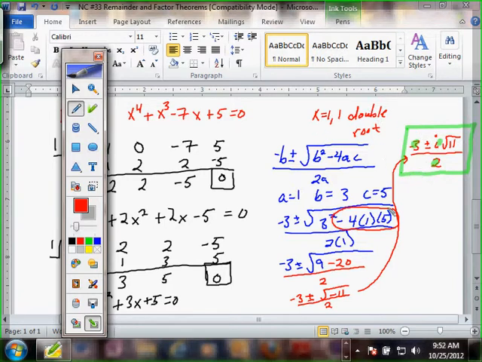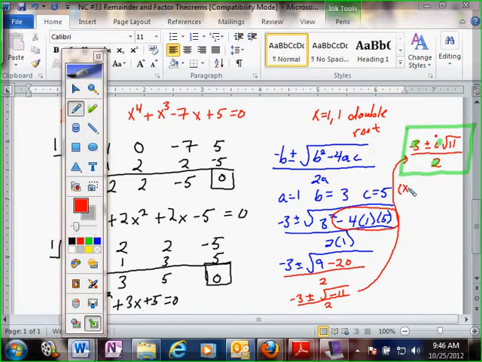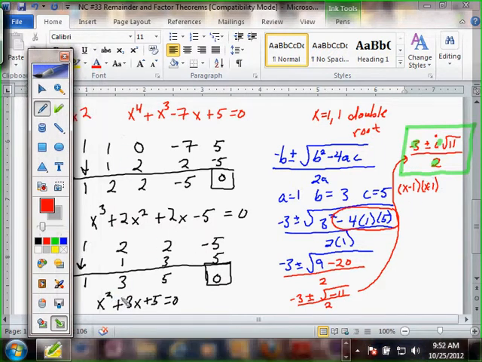Now this is part of it, but the other part is to write it in factored form. When I'm writing this polynomial in factored form, I have 2 solutions here, so I have x minus 1 times x minus 1. And I also have this thing, x squared plus 3x plus 5.